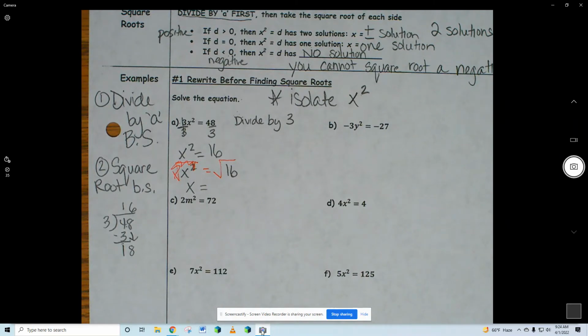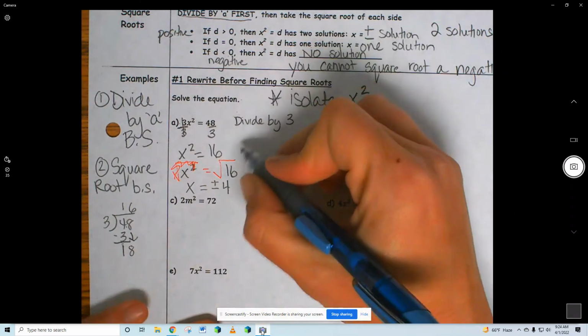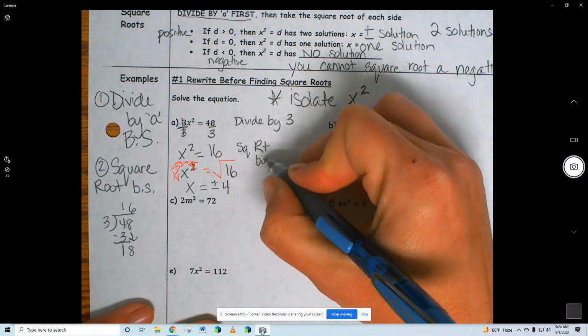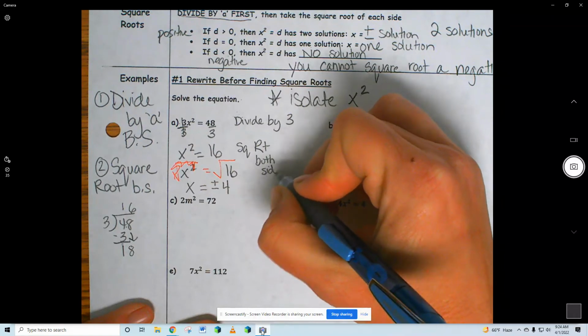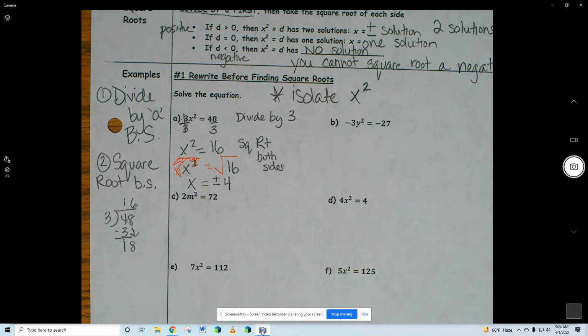What else times what else makes a positive 16? I have to stick with the perfect squares. Negative 4 and negative 4. So my answer has to be a plus or minus, positive or negative 4. So I divided by 3, and then I square rooted both sides. When I'm solving for x, I could do 4 times 4, and I could do negative 4 times negative 4.